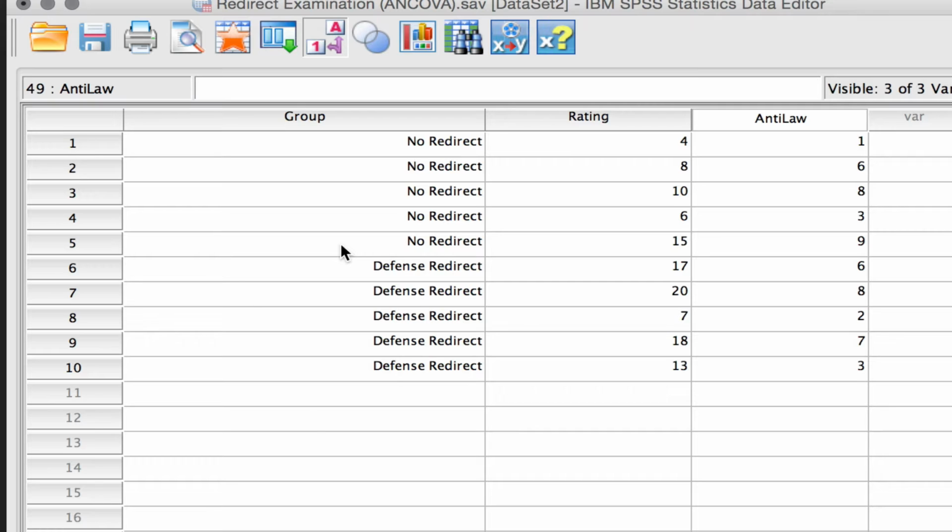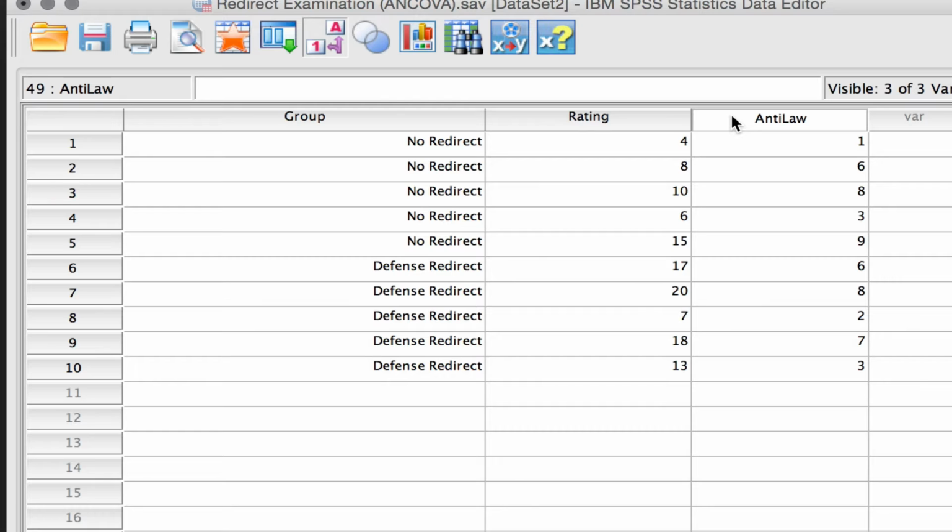But because the cross-examination that we subjected people to was cross-examination by the prosecution, it's entirely possible that how anti-law you are might explain some of the variance in the credibility ratings you give.